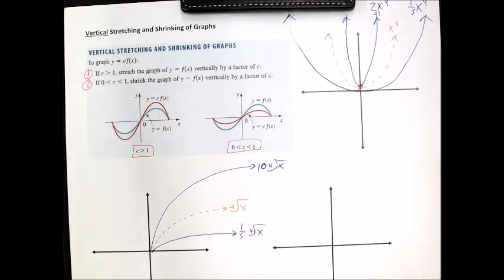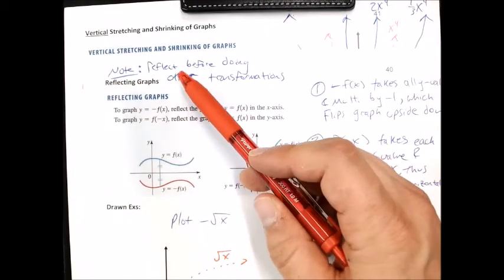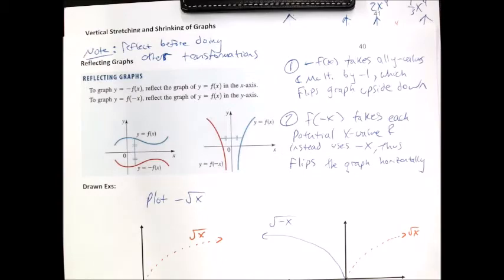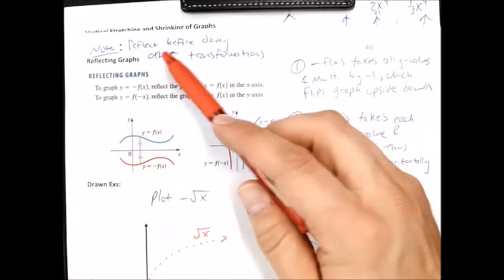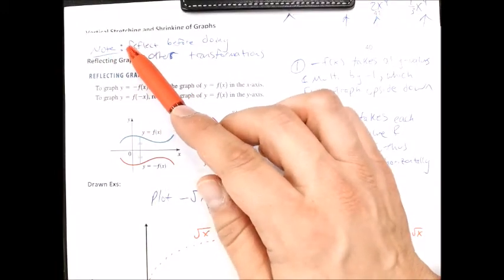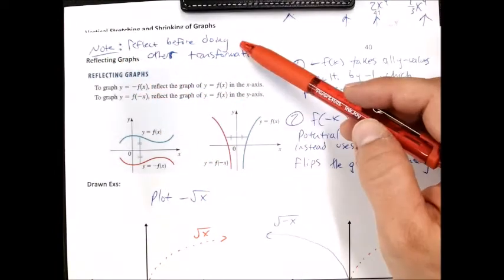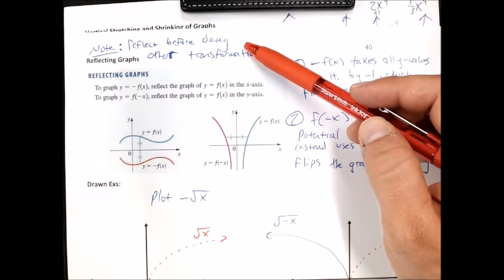What I did mention last time, if you missed it, is that usually it doesn't matter so much the order in which you do these transformations, but sometimes it does, which is what you're pointing out. And what I found generally, and I wrote this down on the last page, is that you usually want to do any reflecting before you do any shifting.